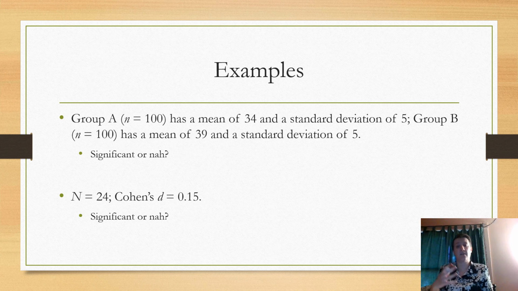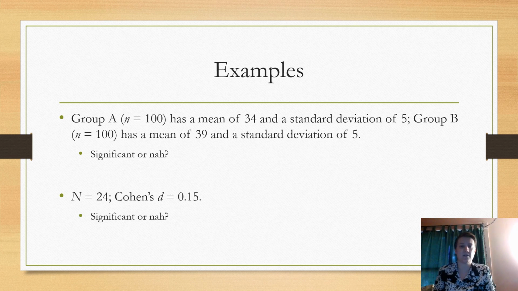Well, to do this, we have to calculate the effect size. When we're comparing the means of two groups, we do Cohen's d. This is taking the mean of group 1 or group A, so 34, and subtracting the mean of the second group, so 34 minus 39, divided by the pooled standard deviation.